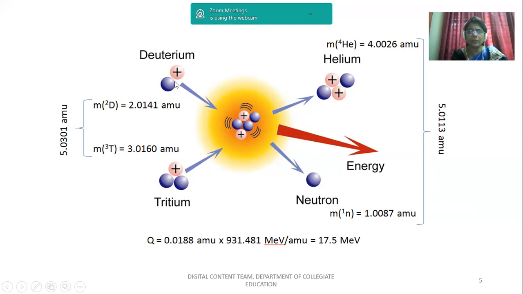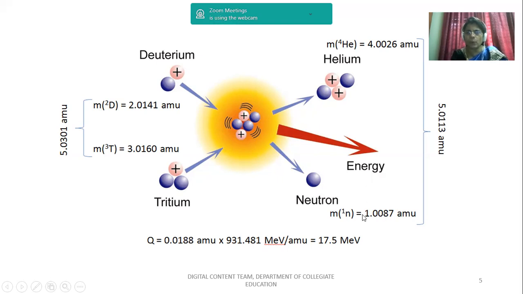Due to interactions between these two, nuclear reactions take place and they form the product elements, with a release of a helium nucleus. That is, helium with mass 4 and atomic number 2, whose mass is around 4.0026 AMU. Along with it, a neutron will be released, whose mass is 1.0087 AMU.